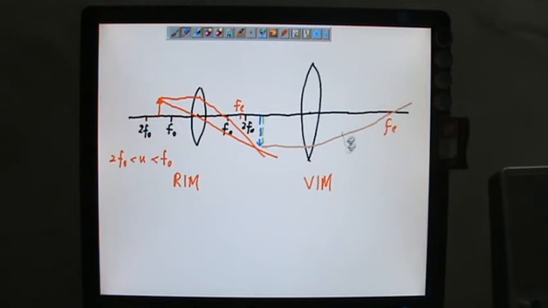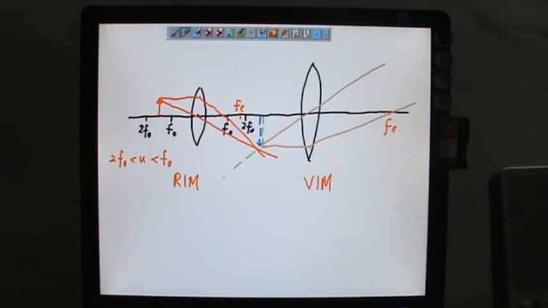Okay, not perfectly drawn. Let's do it one more time. It shall go through here, and the other one should go through the optical center. So because of these two rays, they cannot meet anywhere here, so you extrapolate them.